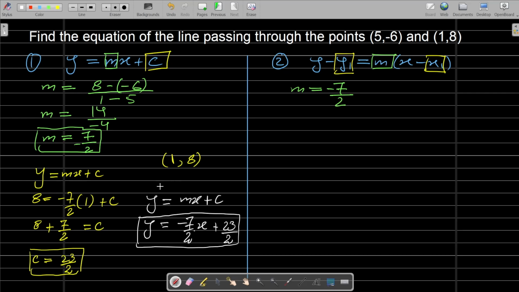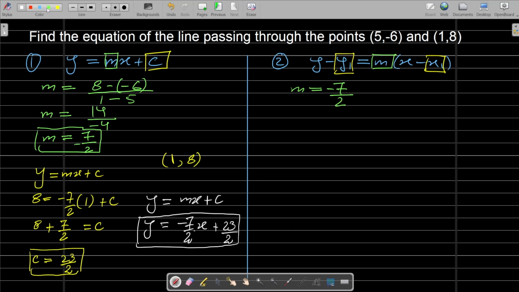Now what you can do is, in this approach, I'll simply solve the same question and then we'll simply match the results. Now here I have the value of m, I have the slope. Just consider one of these 2 points.